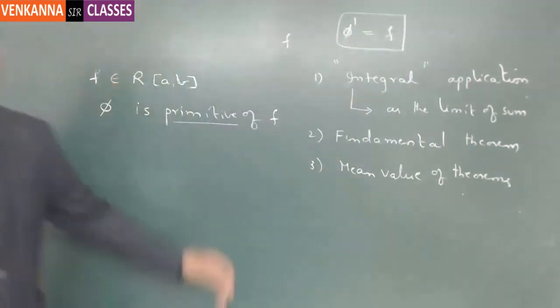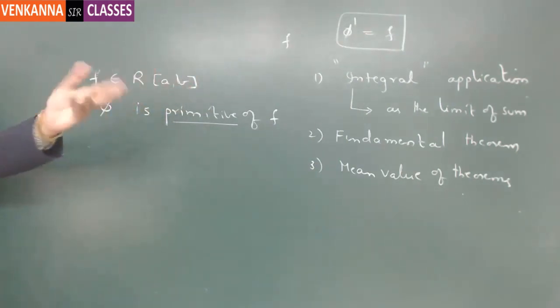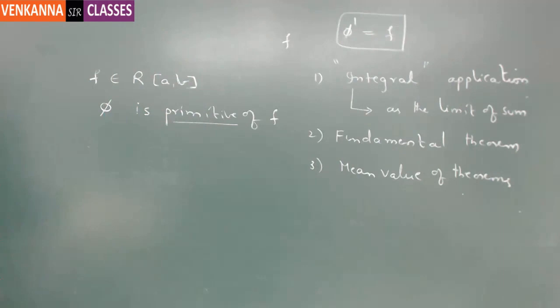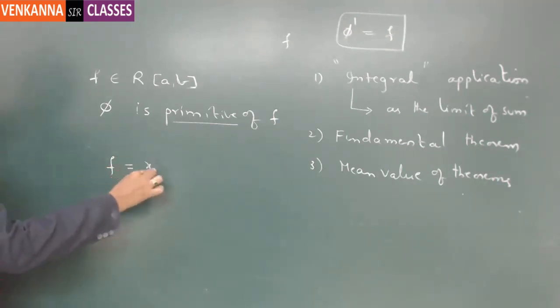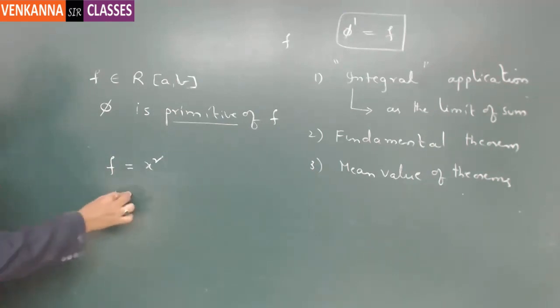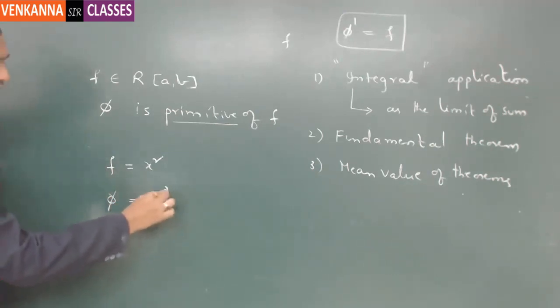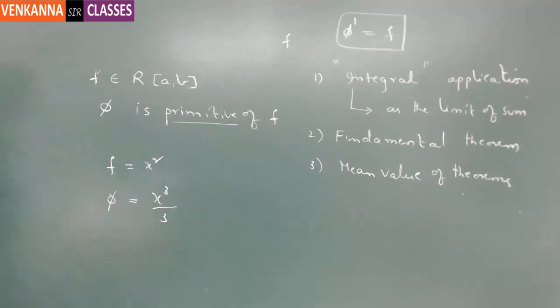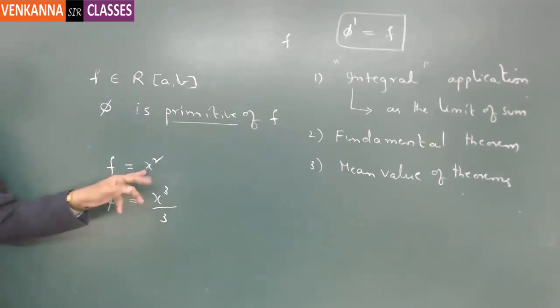In other words, phi is called the antiderivative of f, the integral part. And usually, primitive is not unique. Why? Because if you take x square, the primitive of f will be x cubed by 3, because if you differentiate this value, you are going to get x square. Accepted?